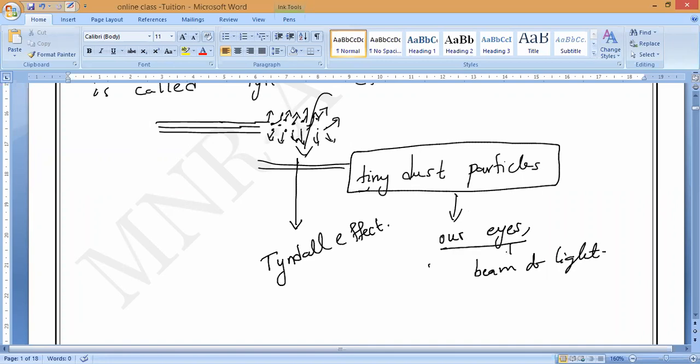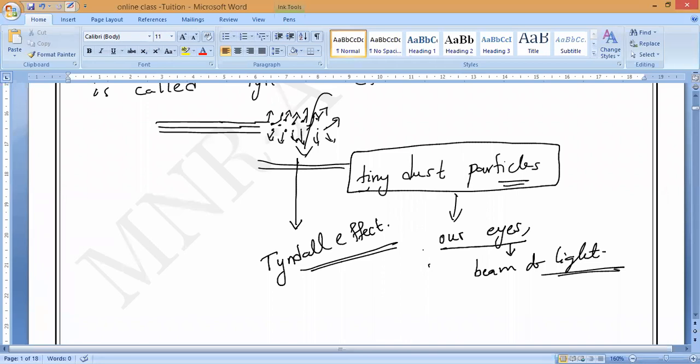That is how we are able to see a beam of light. Seeing this beam of light because of the tiny dust particles scattering the light is known as the Tyndall effect. So this is the example of the Tyndall effect.